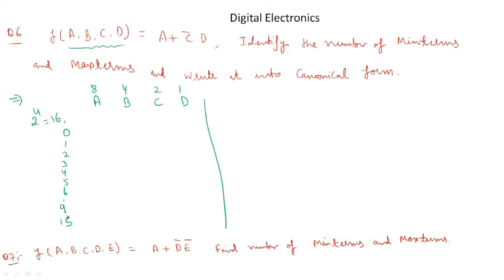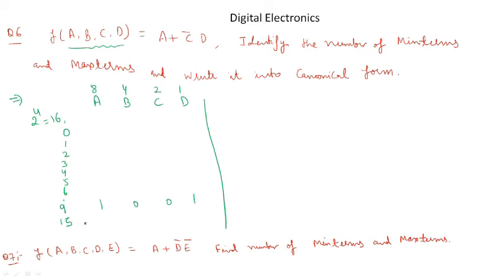So our number is 9. I will write 1 below 8, and then I will write 1 below the 1. So B here will be 0 and C will be 0. So this binary number has the weight 9.